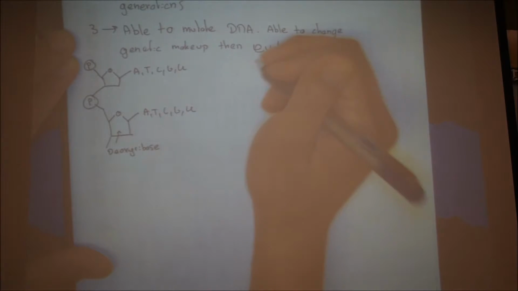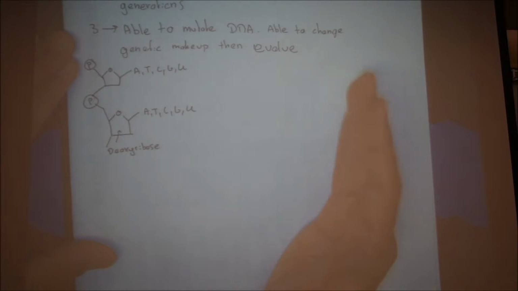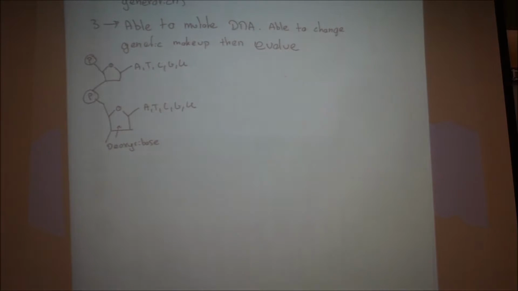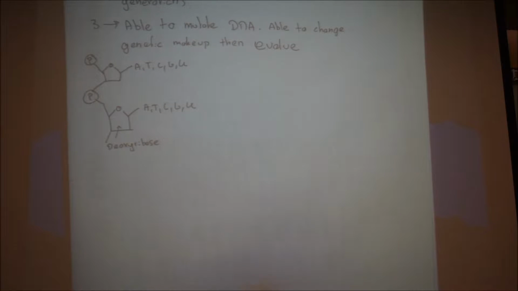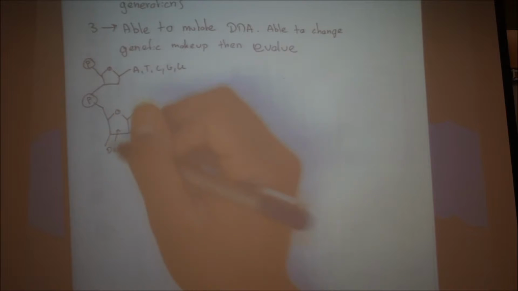Okay. So when you think about, if you take out the bases and you're not looking at the inside, the backbone, right? So we think about our spine. Our spine is in the back, right? Right here, what is that made out of? It's going to be made out of this deoxyribose and our phosphate. So the alternating subunits that make up the backbone of DNA are going to be a phosphate and then a deoxyribose. So it goes deoxyribose phosphate, deoxyribose phosphate.